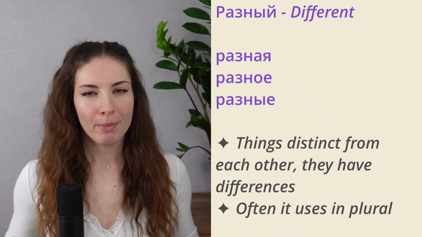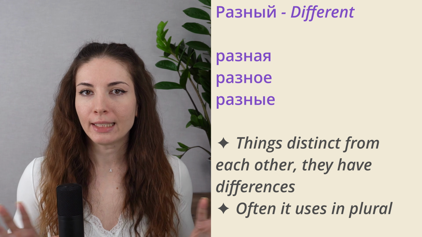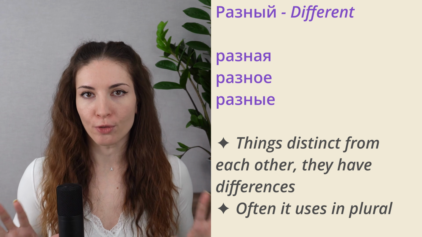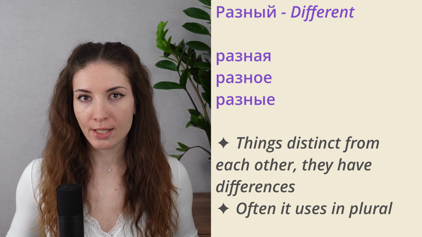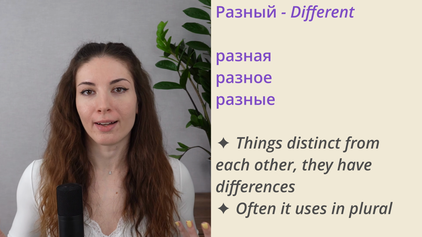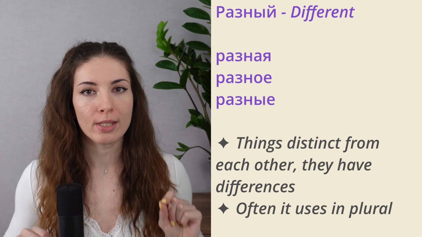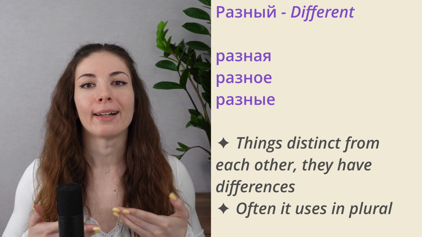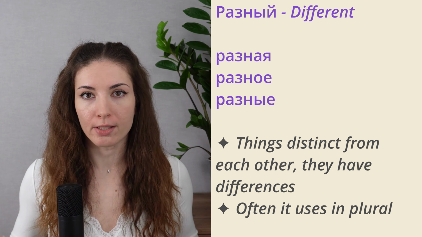First, let's talk about разный versus другой. Different. Imagine you're looking at some things and they are completely different, distinct from each other. They have their differences. In this case, you will use the word разный. Pay attention that this word we always use in plural. So it's разные when you compare two things that are completely different.